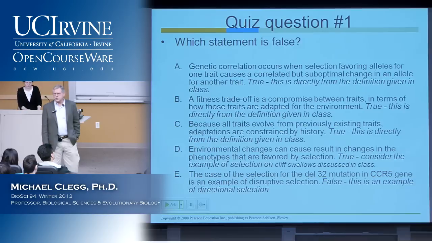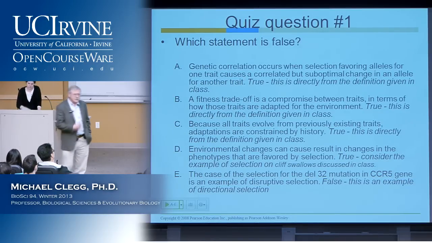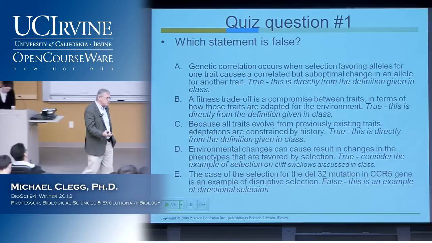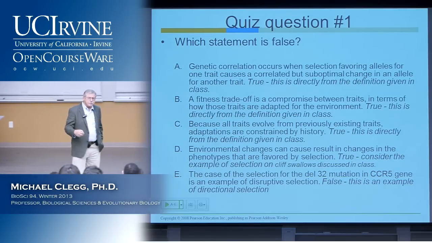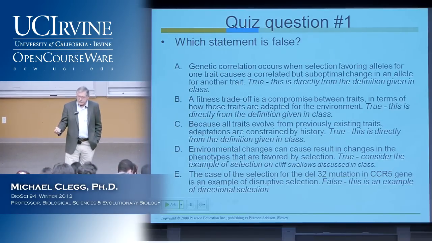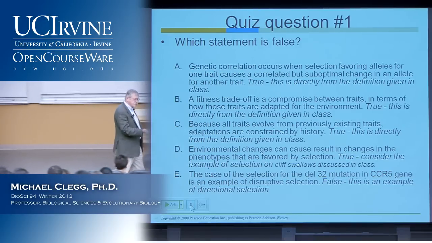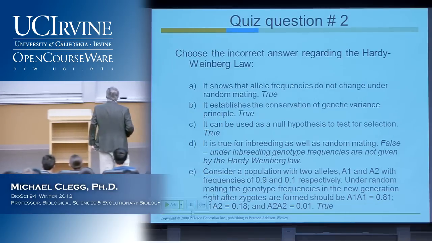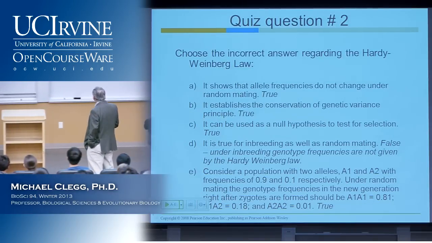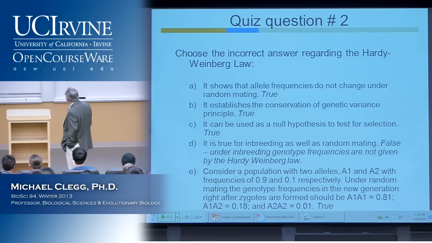No, it's an example of directional selection. It's not disruptive. In fact, remember we said that one homozygote has a very large disadvantage because people die fairly fast of HIV/AIDS, and the heterozygote is intermediate. That's directional selection.